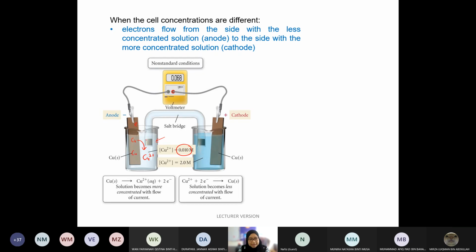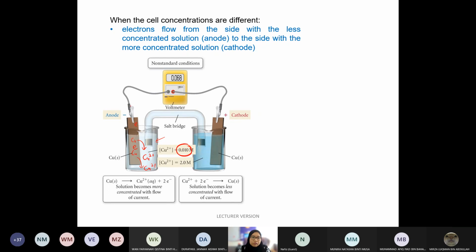It senses it is less positive here because it is less concentrated, with less copper 2 plus ion. So the copper atom will jump into the solution becoming copper 2 plus to add more copper 2 plus ion, leaving behind the electron.